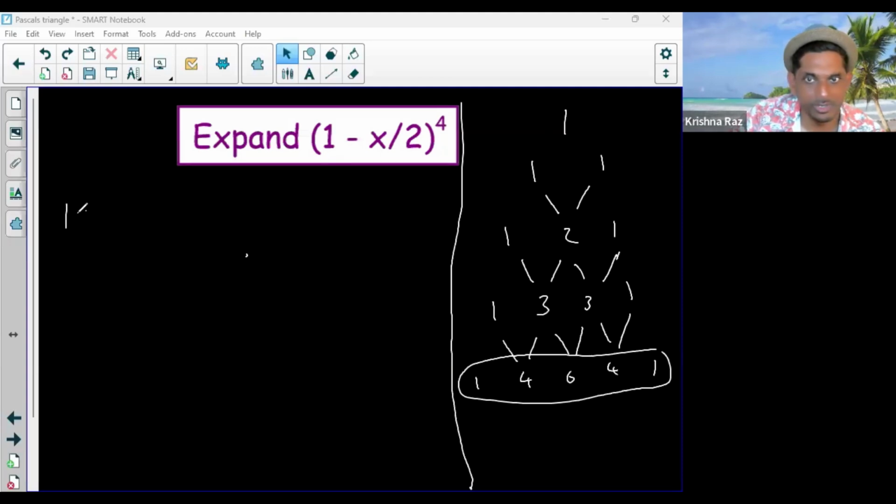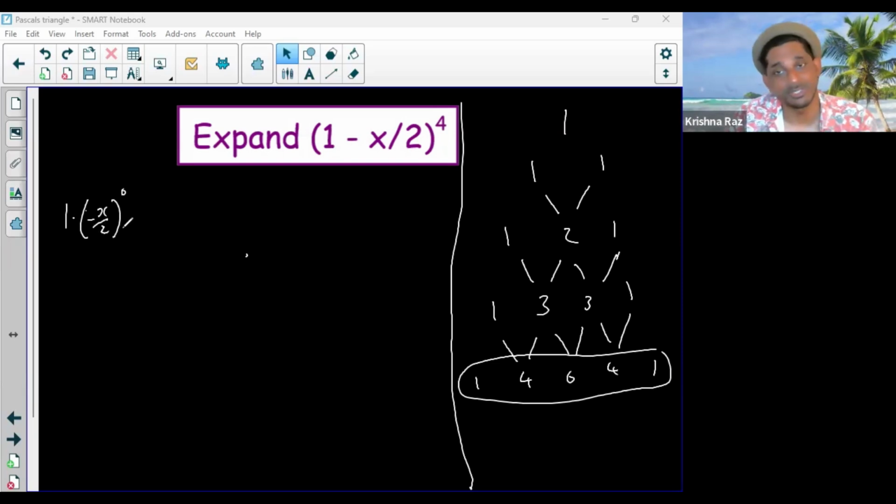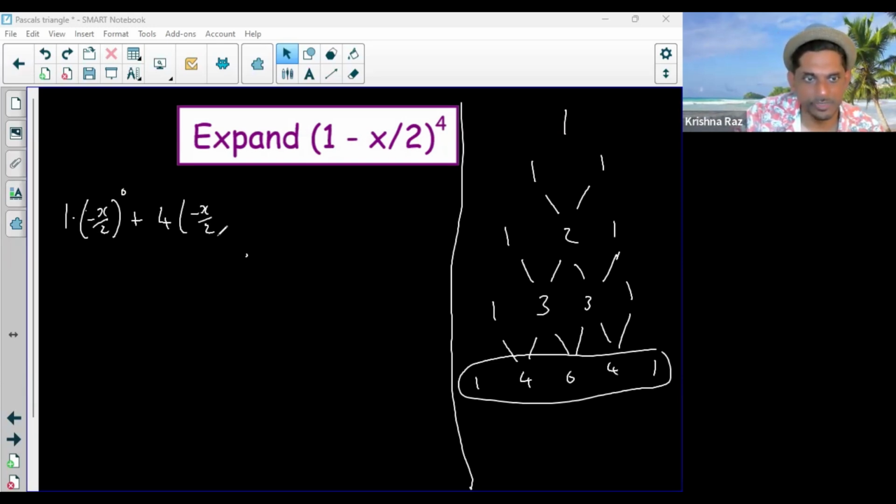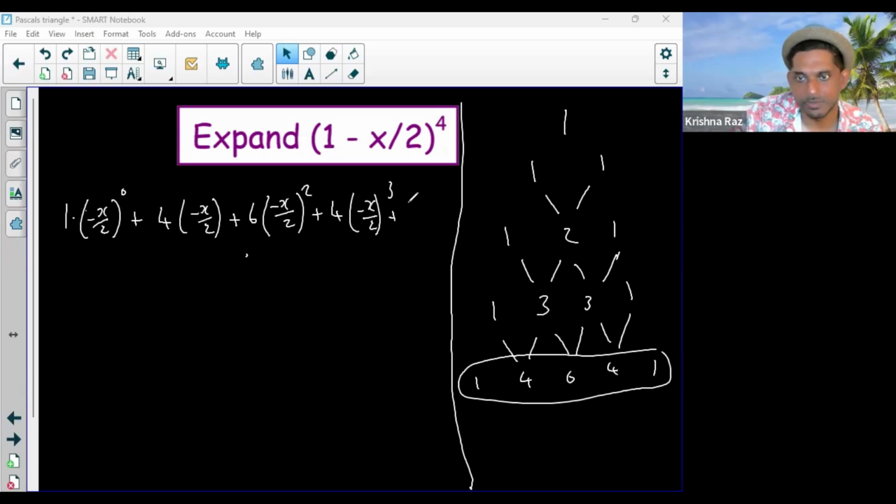So we have 1 times minus x over 2 to the 0, which obviously is 1, because anything to the power 0 is 1. Then we have 4 times minus x over 2, plus 6 times minus x over 2 squared, plus 4 times minus x over 2 cubed, plus 1 times minus x over 2 to the power 4.